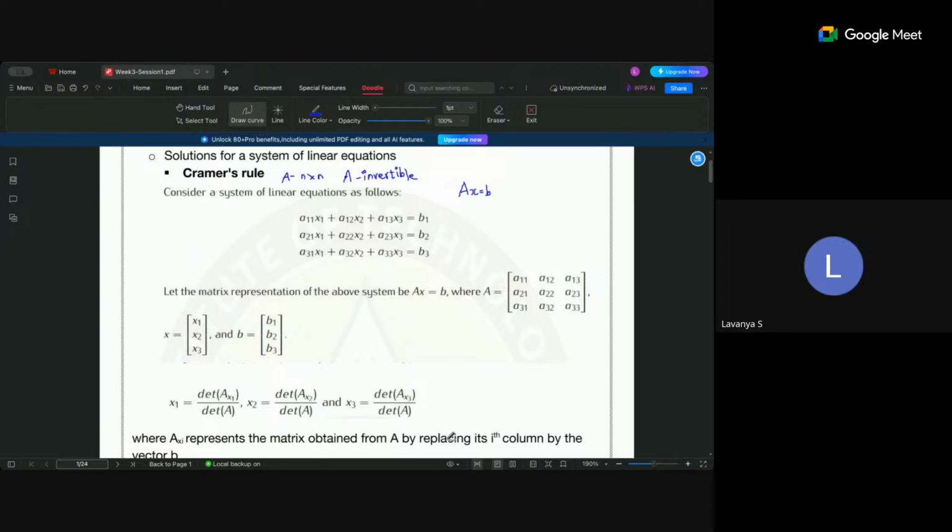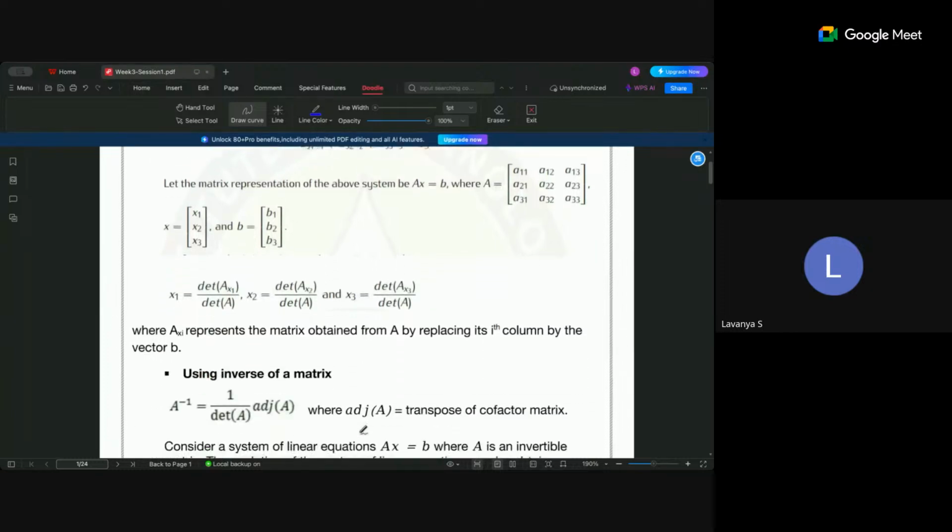Here we have only one solution, a unique solution. Can you tell me the reason? Because determinant is not equal to 0. Yes, when determinant is non-zero, the system will have a unique solution.